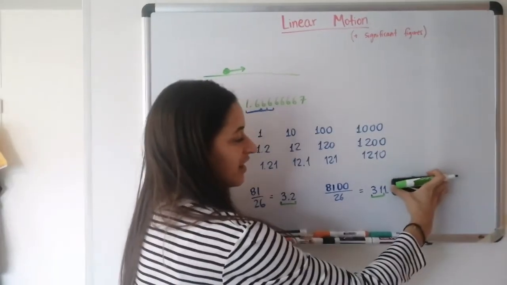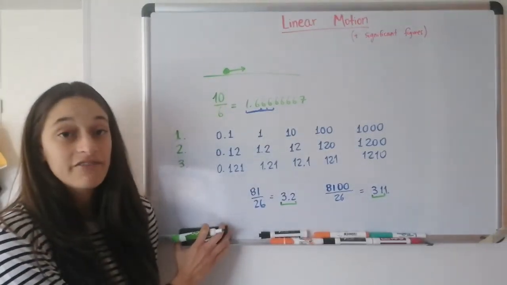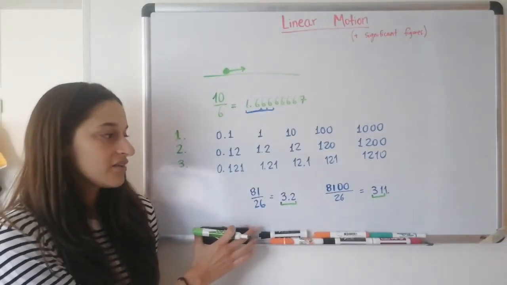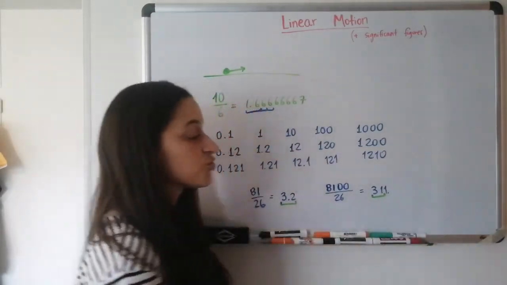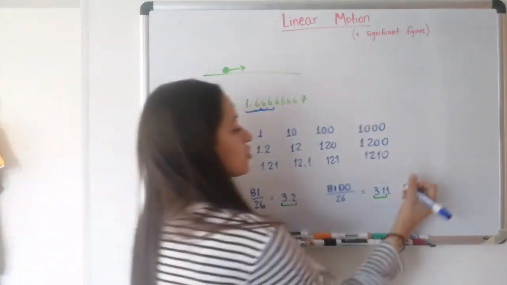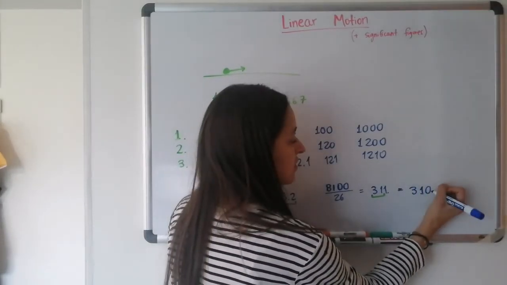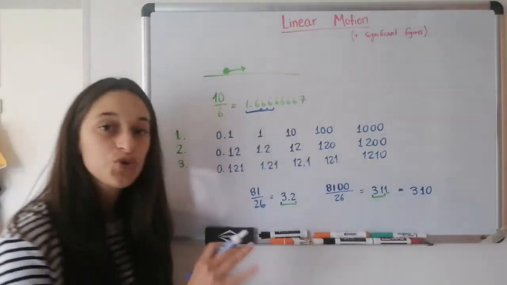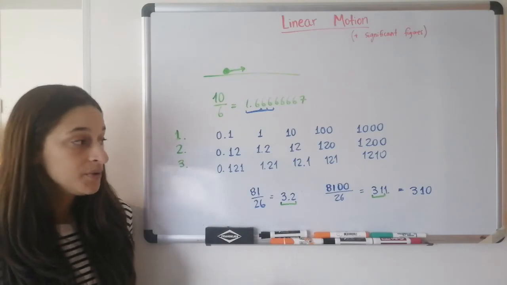So we erase everything after the point, but our answer was 311 point something. So our answer, you can't put the decimal here and change the answer to a 31, because that would definitely change the value. So the closest number that we have is 310. We don't care about the 1, it's too much information, so we change that 1 to a 0, and we get the number 310.